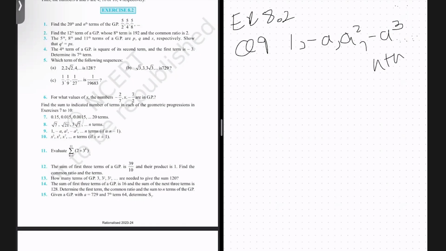Now, you have this as the nth term, and you have this as GP, and you want to find out the sum until the nth term.